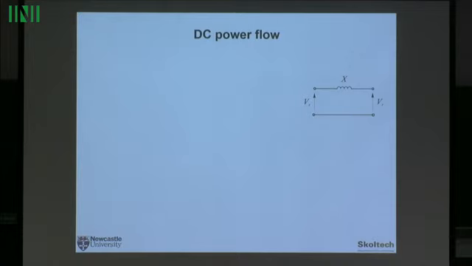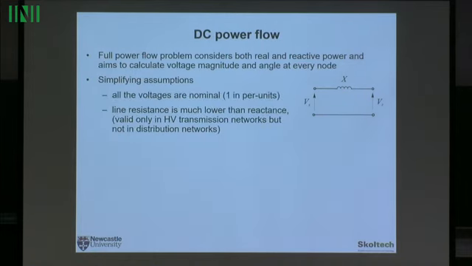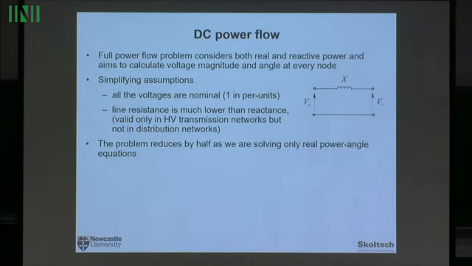Once again, we have this model. Basically, we assume that the voltages are close to nominal, and we neglect all the resistances. First of all, the problem reduces by half because we have only real power equations. We forget about the reactive power equations.